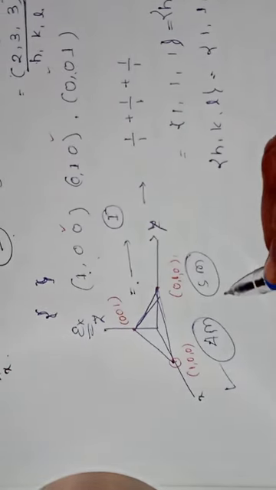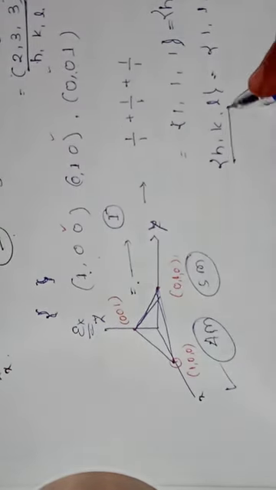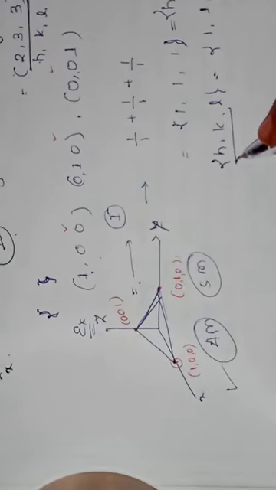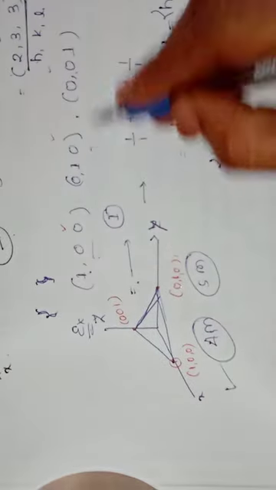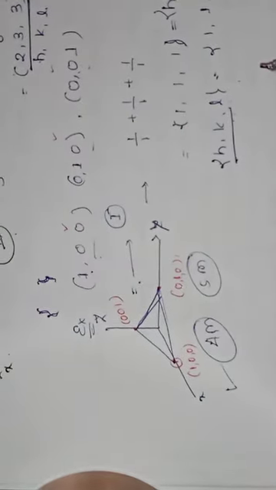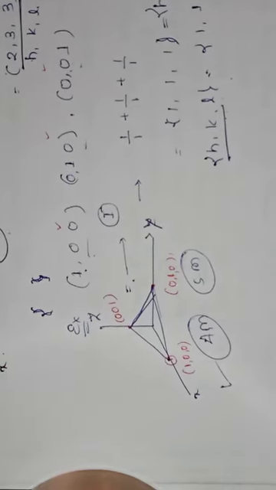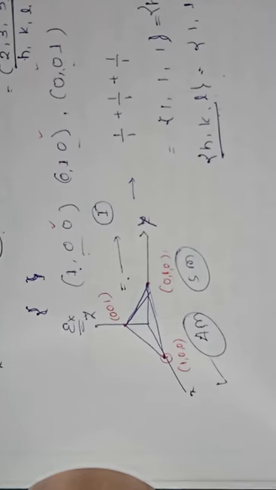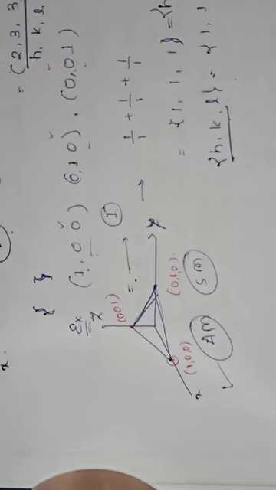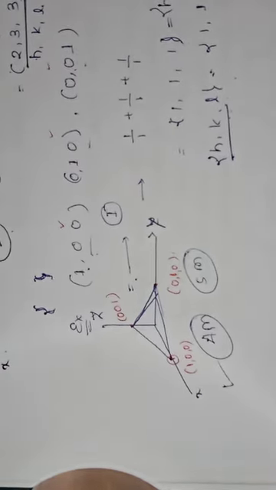They may give h k l. They will tell you to find out these h k l points in the Miller indices. They will give these intercepting planes. So we should be thorough with this. Then in the next class we will do some examples on these Miller indices. Thank you.